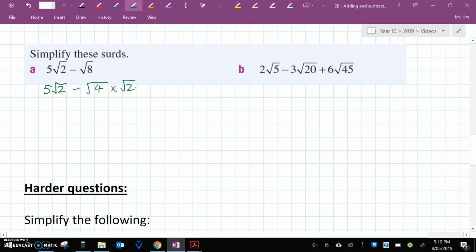Root 4 times root 2 is equal to root 8. And so what is the square root of 4? It's 2. So this becomes 2 root 2. Now they are like terms. 5 root 2 minus 2 root 2 is 3 root 2.